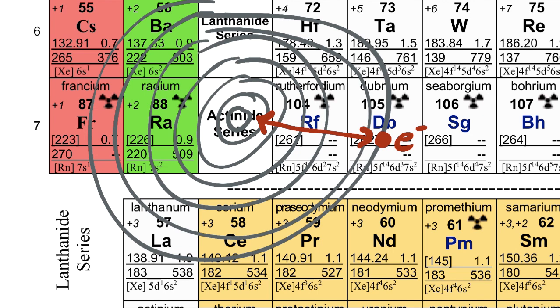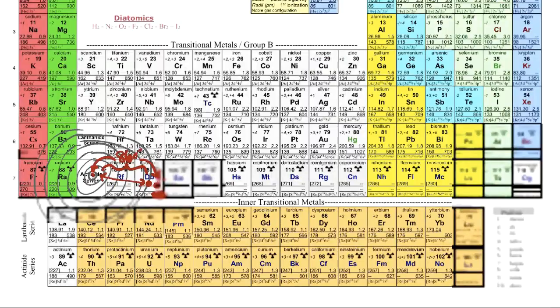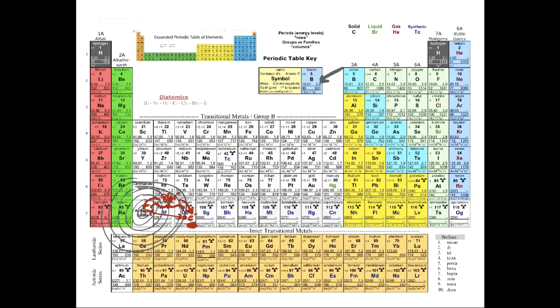What do you have in between this single electron here and the 87 protons in the nucleus? In between there, you have 86 other negative charges that are shielding this electron from the positive core. All right, so I keep hitting on this term shielding because we are going to come right back to it.